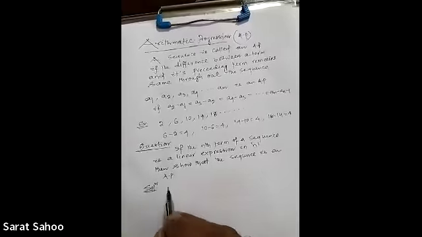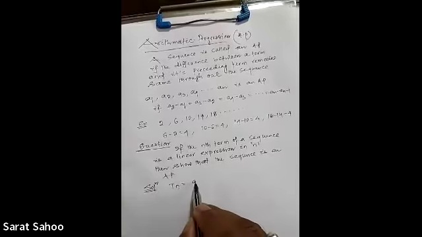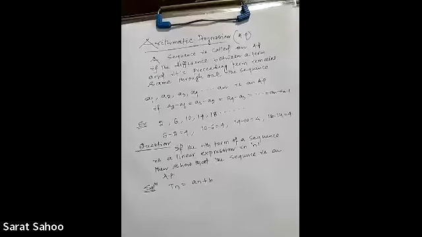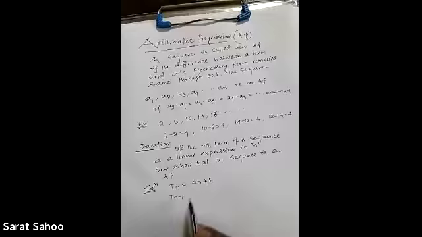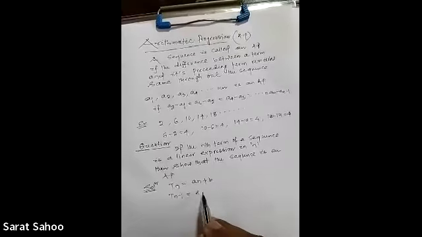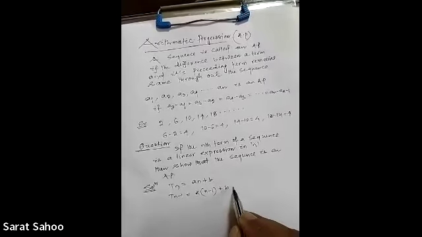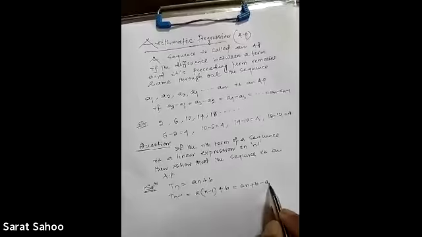Let Tn be the nth term. Tn is equal to a linear expression in n, an plus b. If Tn is equal to an plus b, then what will be Tn minus 1? Tn minus 1 is equal to a into n minus 1 plus b. This is equal to an plus b minus a.